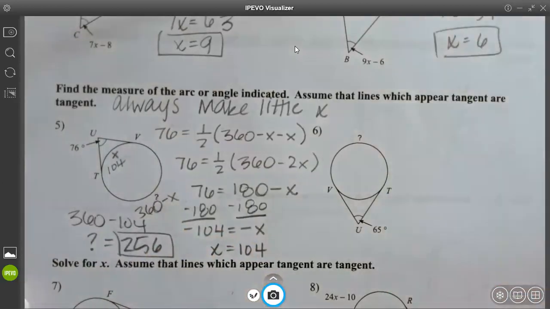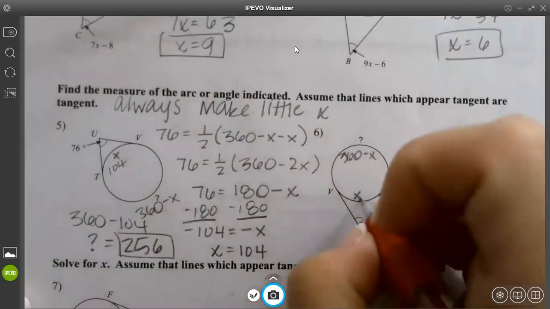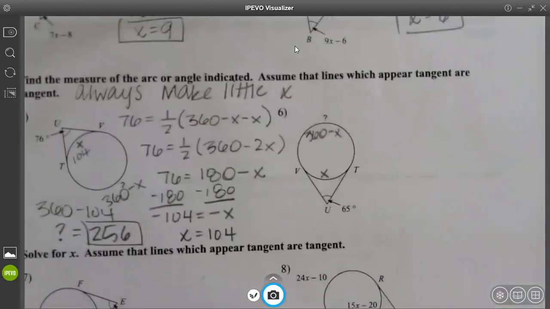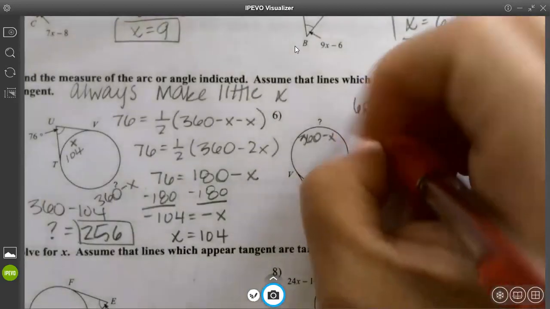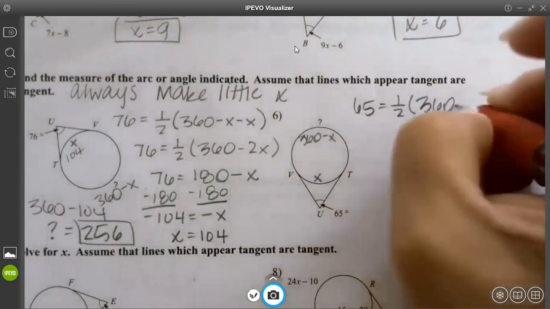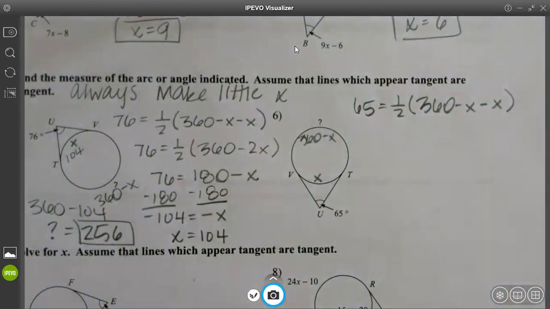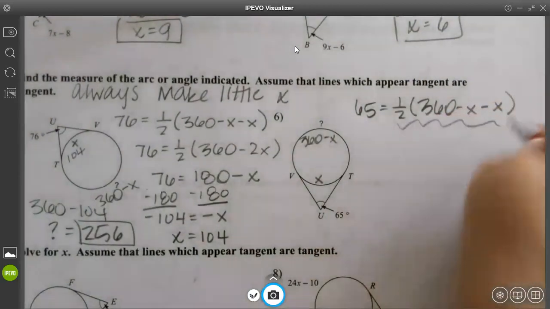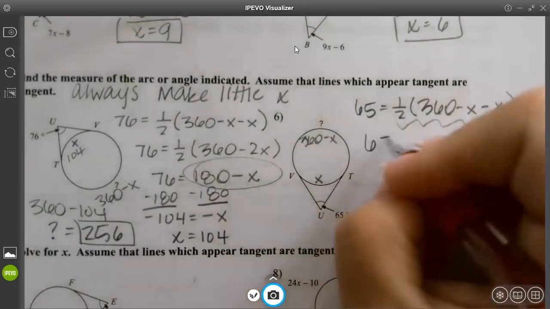The next one's going to be the same exact way. Remember, we label our big one 360 minus x and our little one x. Set it up the same exact way. Our angle is 65 equals 1/2 of big, 360 minus x, minus your little, which is x. We've already simplified this down over here to this 180 minus x. So I'm going to just go ahead and put it over there.